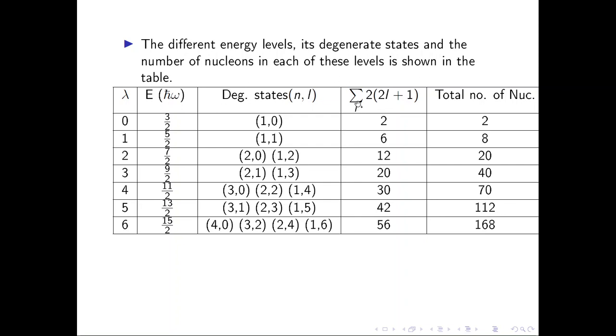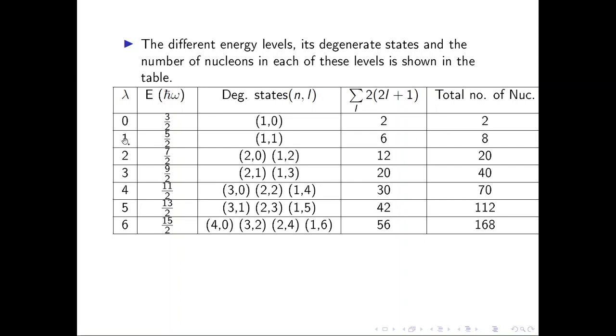So the summation over l, we have only one l value, that is 0, of 2l plus 1. That means 2 into 0 plus 1, that is 2. So the total number of nucleons that can be there is 2.